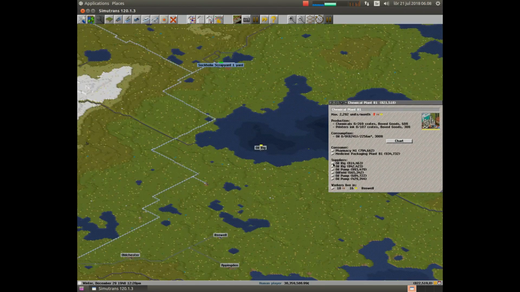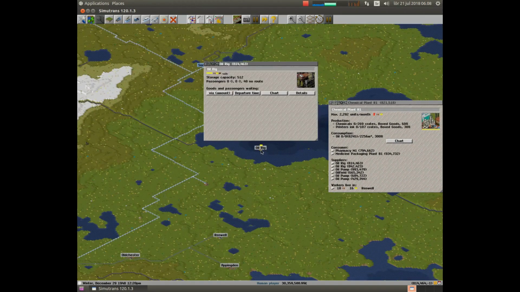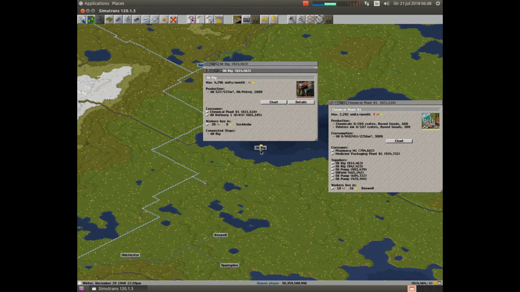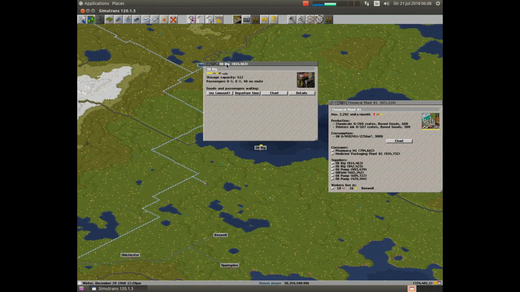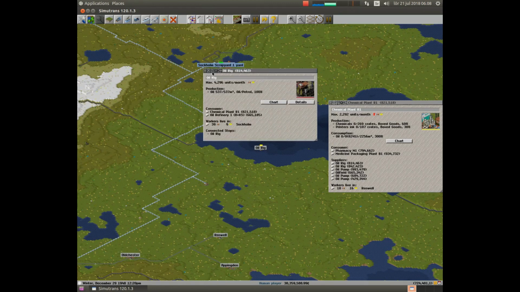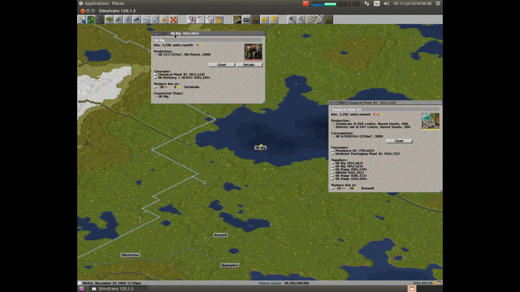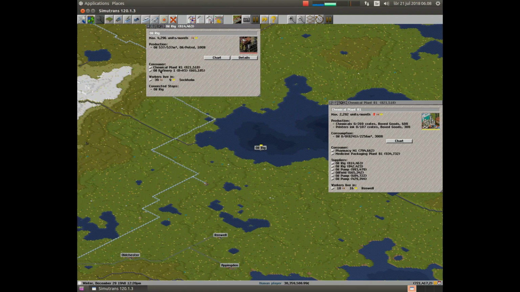We have an oil rig there. You need to click twice on them to get up the chain. Close down the station information. We see that oil rig supplies the chemical industry and the refinery.